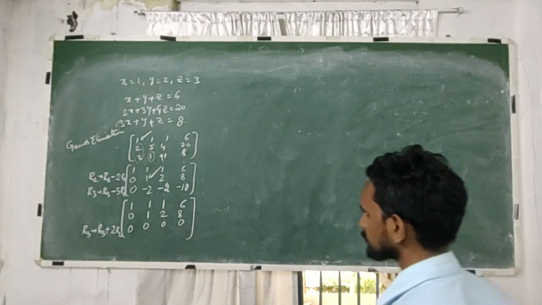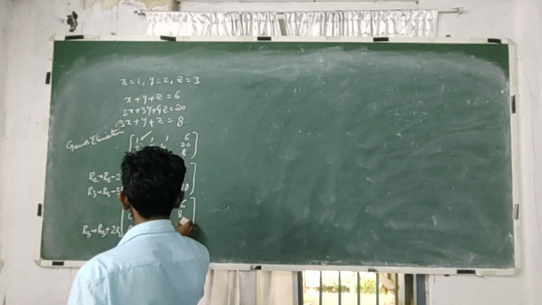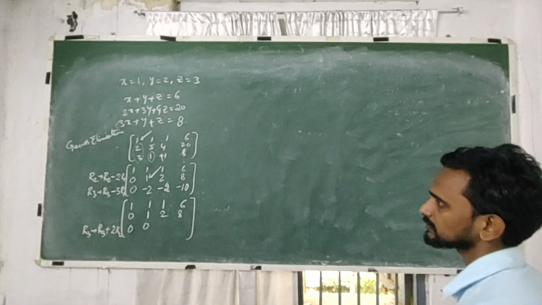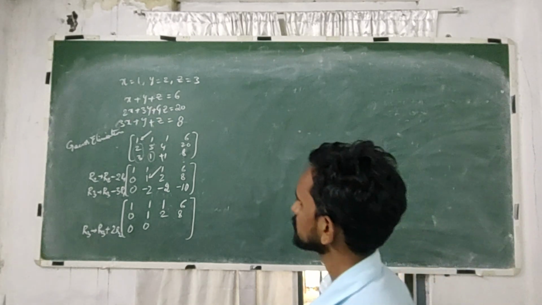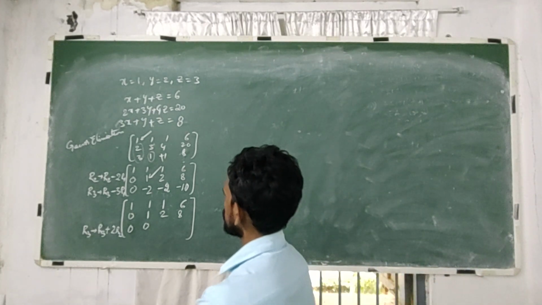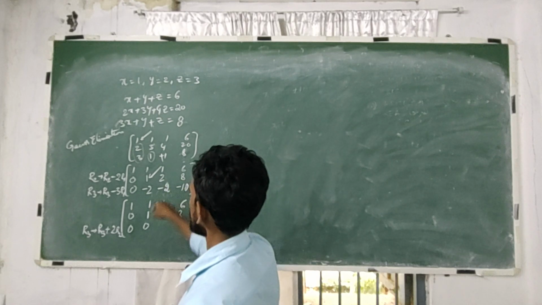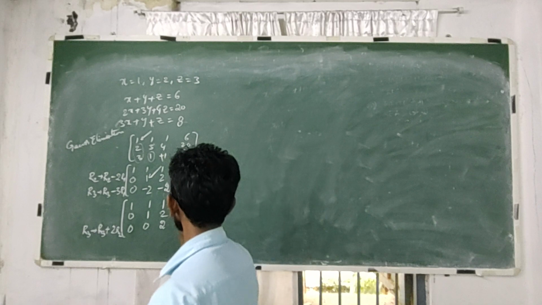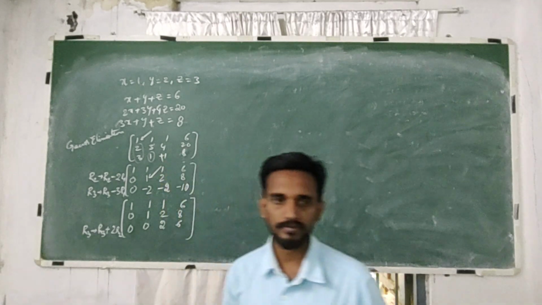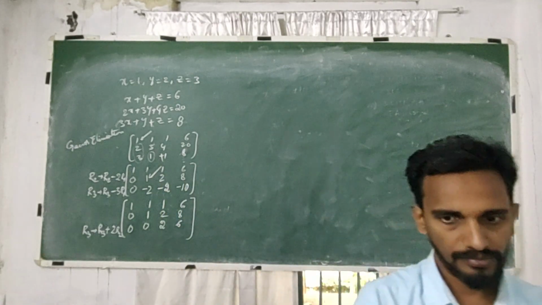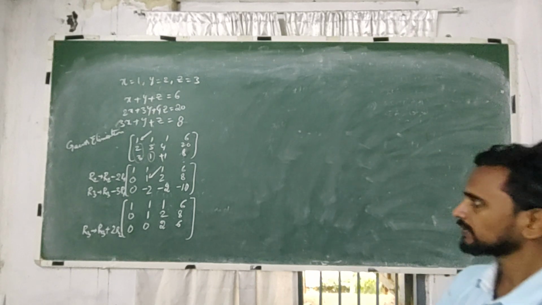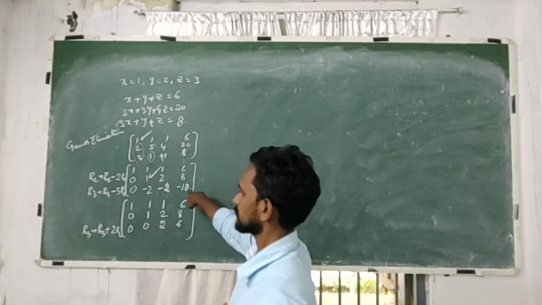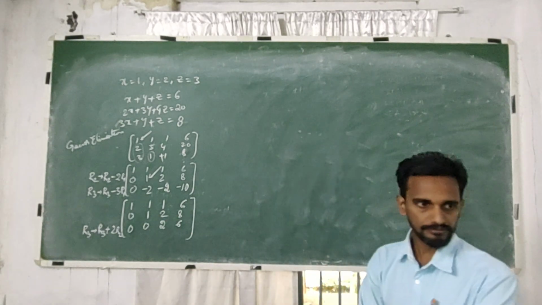So what do you get here? You have to multiply with 2 and add. So this is 2. Eight to 16, minus 10, 6.